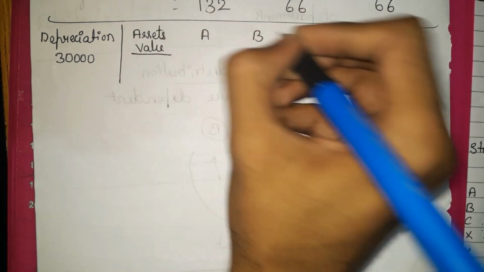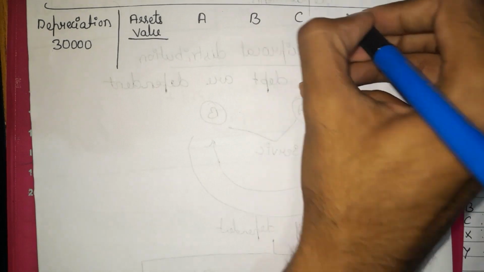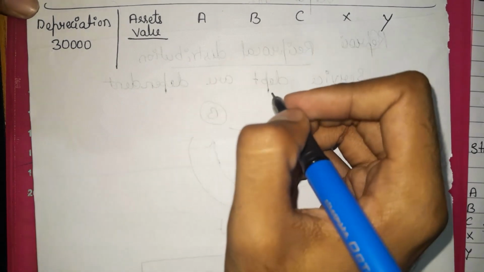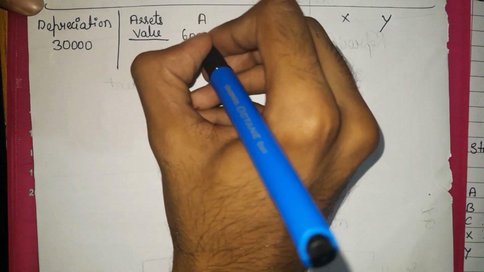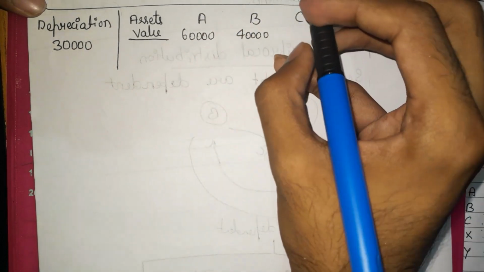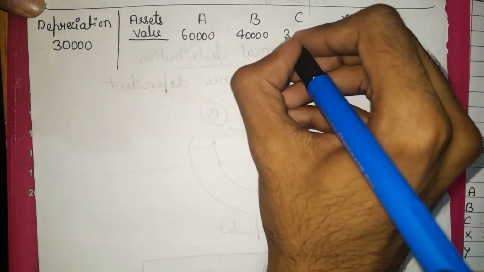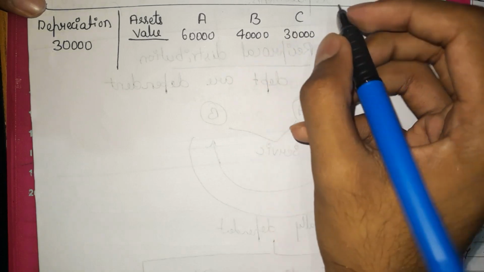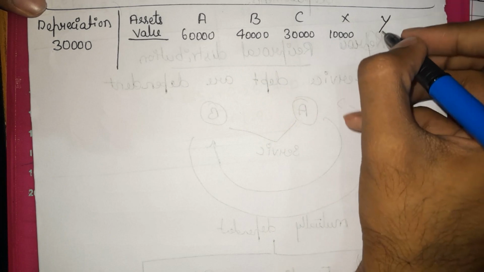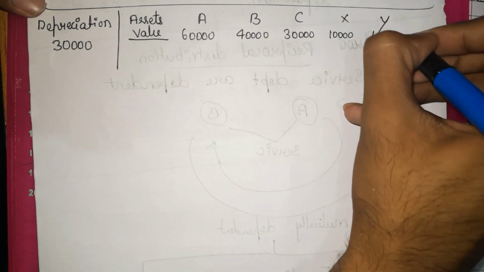A department, B department, C department, X department and Y department are there. Now take down the assets value in each department. A department total 60,000, B department 40,000, C department 30,000, X department 10,000 and Y department 10,000.